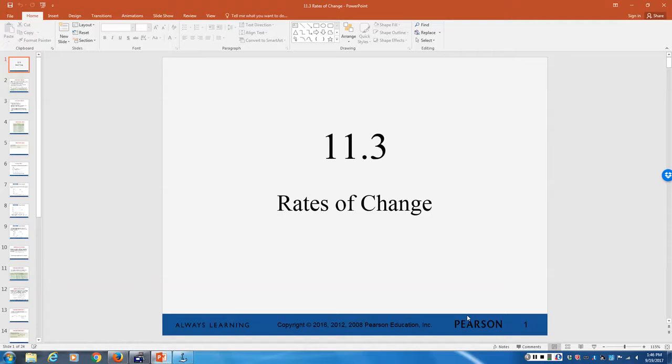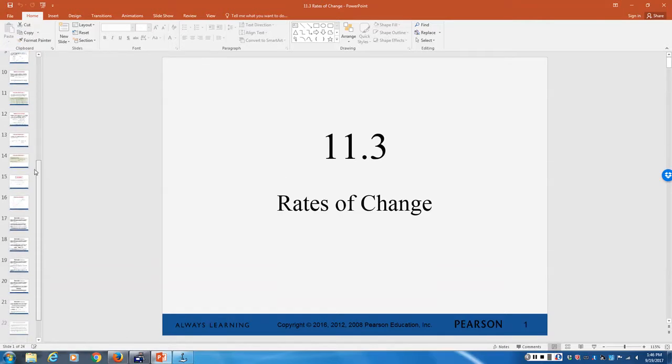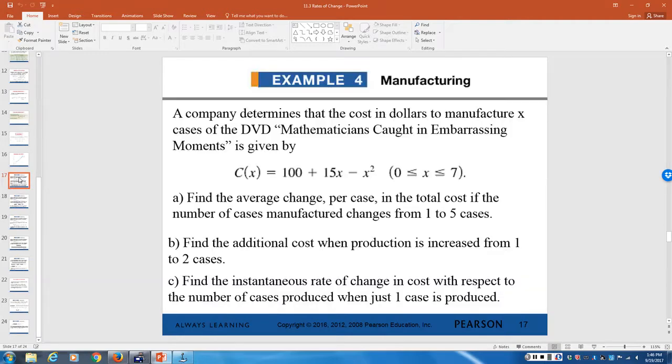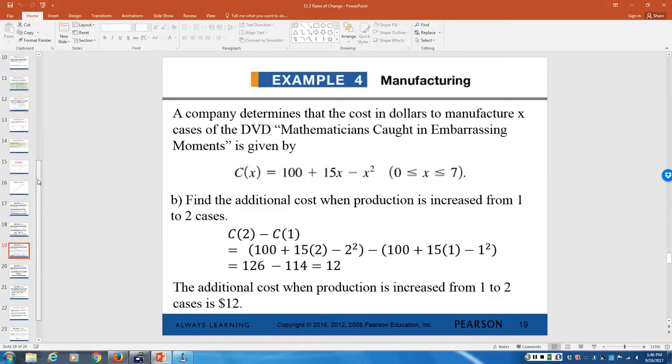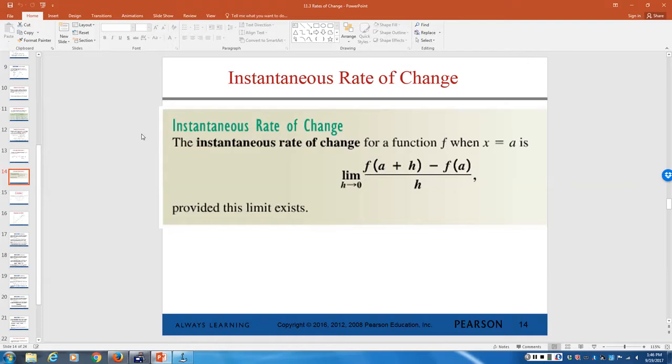So in section 11.3, we talked about rates of change. And just to go back for a little bit of review, this is the last problem that we worked on. It was an applications problem. The basic conclusion that we had was that the way that you find the instantaneous rate of change, and this is where we're going to pick up in 11.4, we're talking about the definition of the derivative.